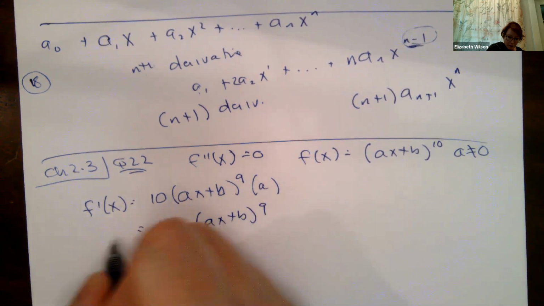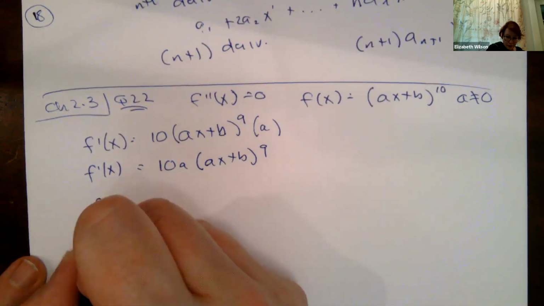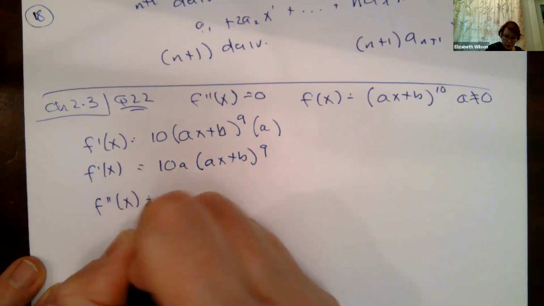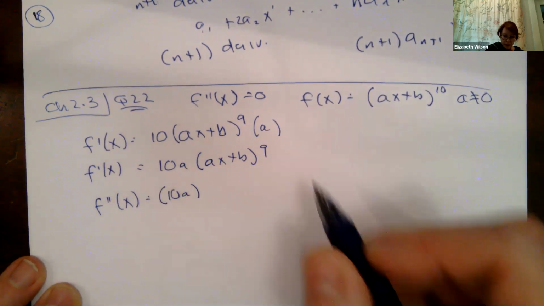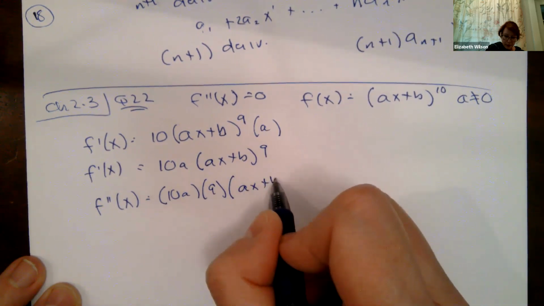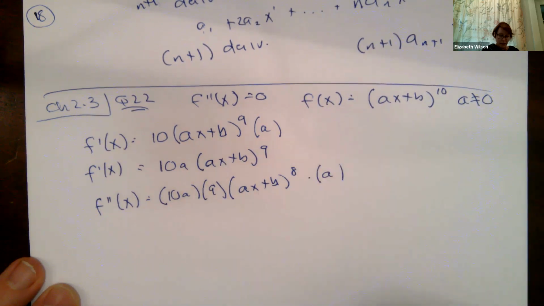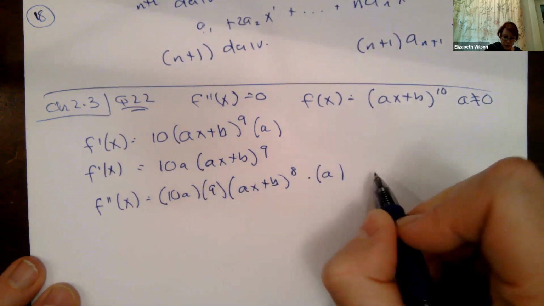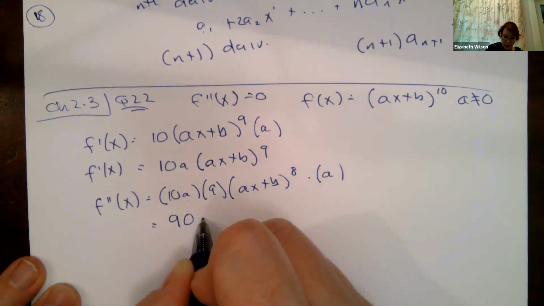That's my first derivative. Now I want to take the second derivative of that. So I've got 10a, my coefficient from before, times my exponent, 9, (ax plus b) with the exponent reduced by 1, and then I take the chain rule again. Let's multiply this through. So this is equal to 90a times a, or a squared.